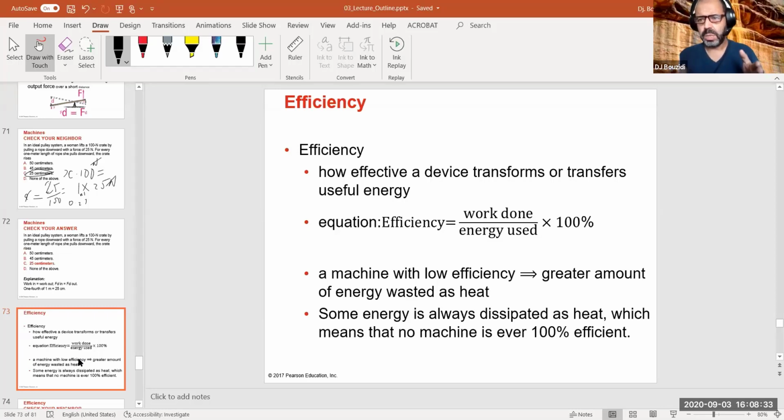There is a formula for it. The efficiency for a combined machine is the product of the efficiencies of the simple machines it is made up of. Each one of them has its own efficiency, and because they're all fractions, the combined machine will end up with less efficiency than each and every one of the individual simple machines it's made up of.